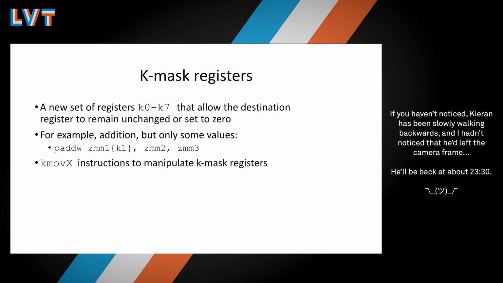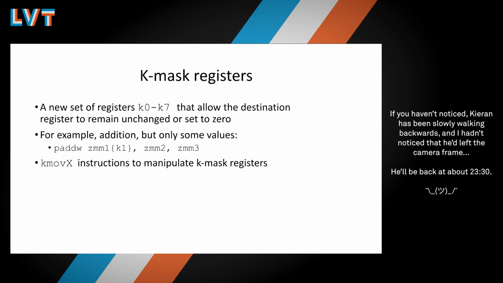So, for example, add is probably the easiest one to think about. You have various elements. In this case, it's a word, so it's a 16-bit element. I'm not going to try and work out the maths in my head, I think 32 elements of 16-bit in a ZMM, if I'm right. So you want to add these two together, and then output that in ZM1.